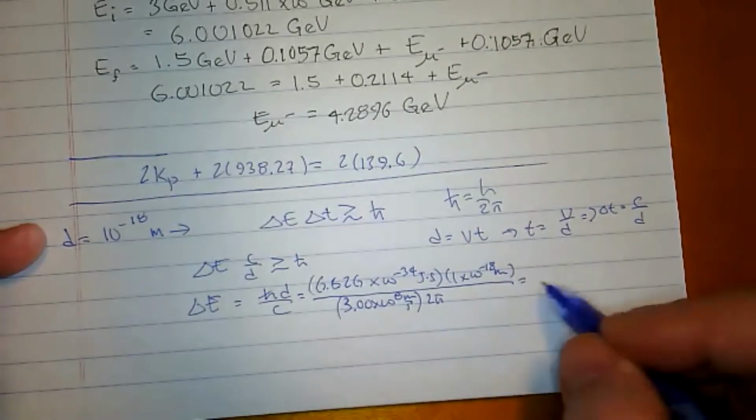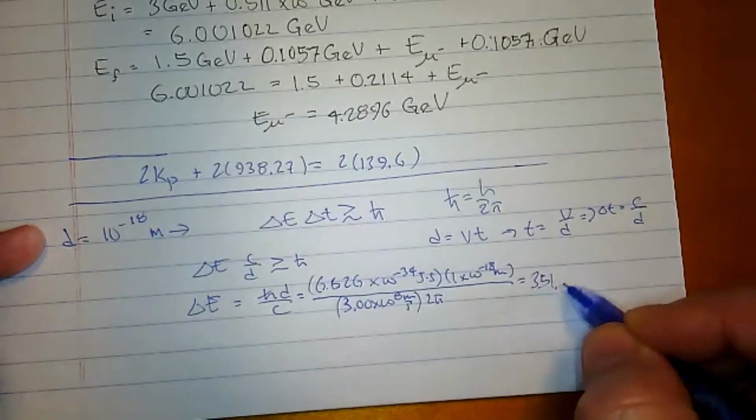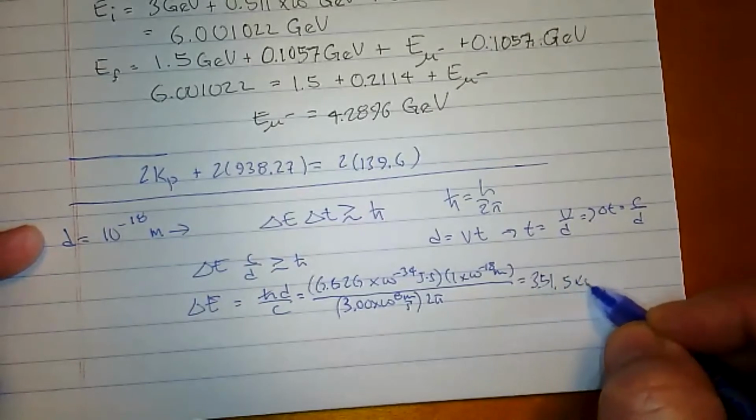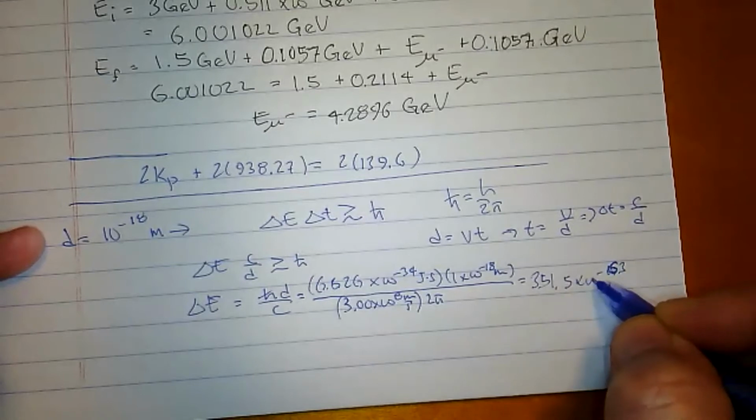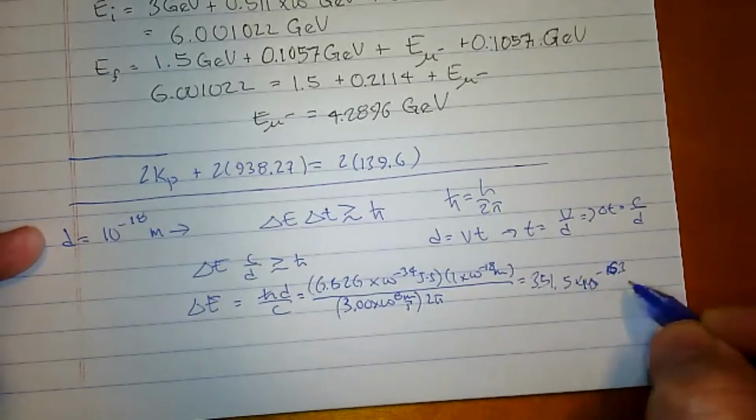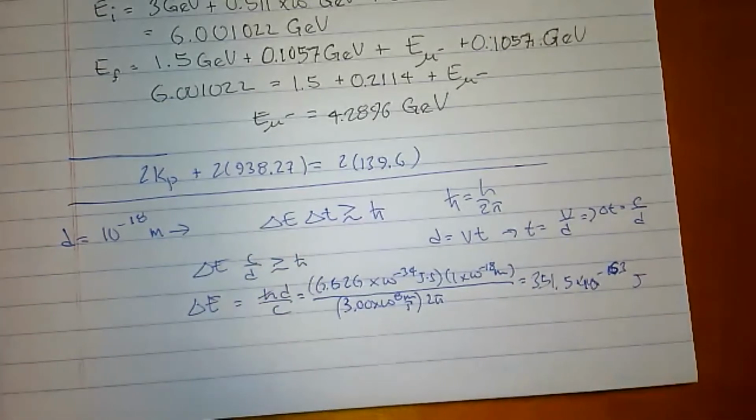That's 351.5 times 10 to the negative 63. Yeah, I missed something on this. This can't be right. That's joules. Yeah, that's not right at all.